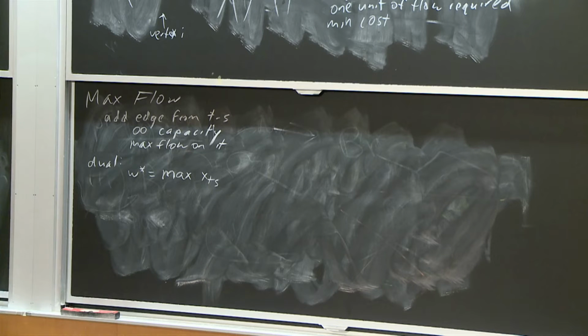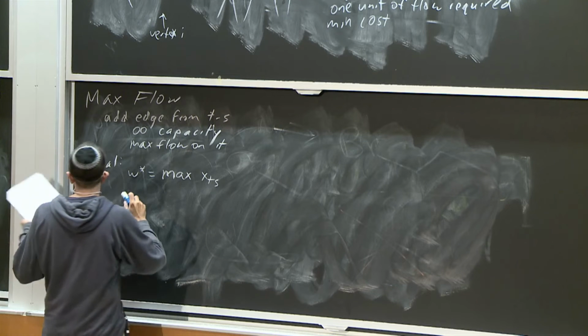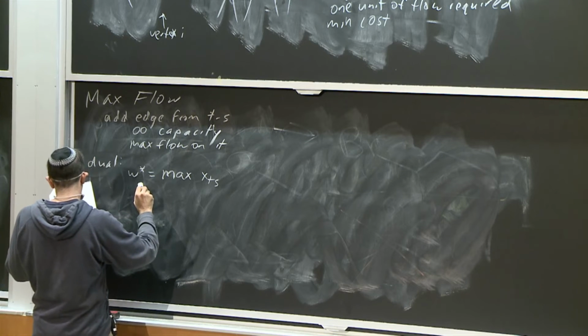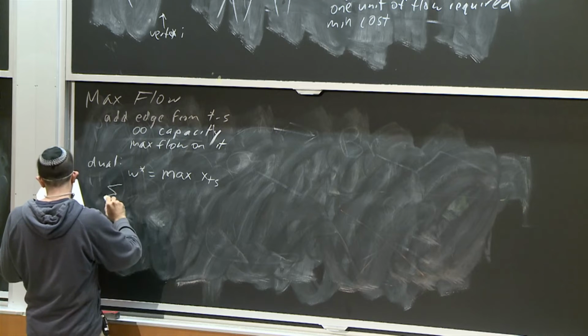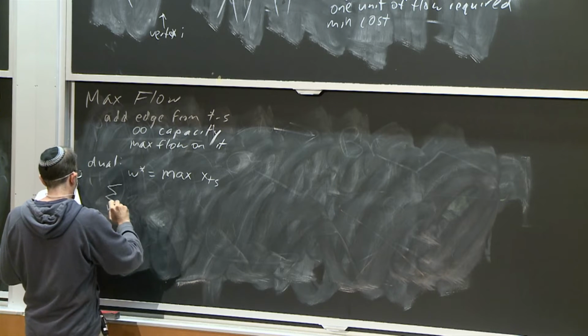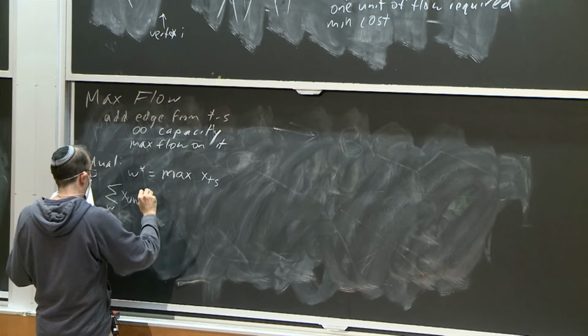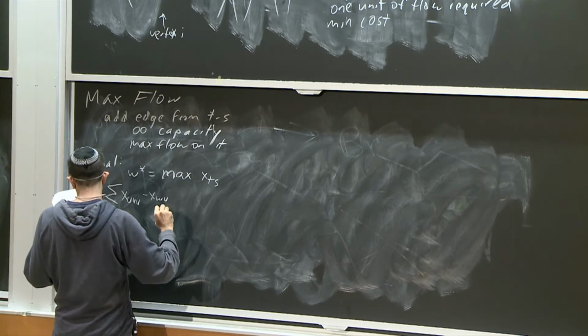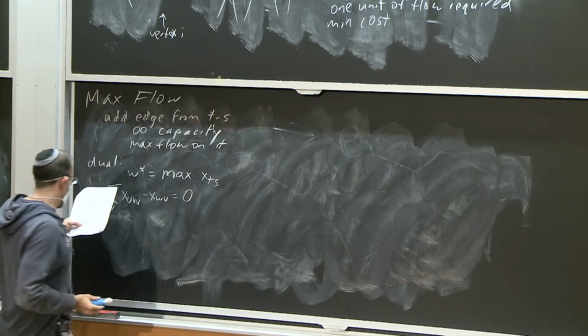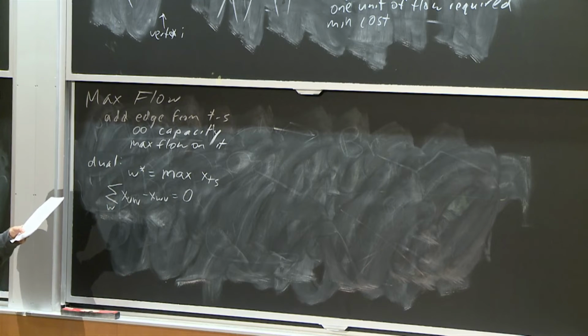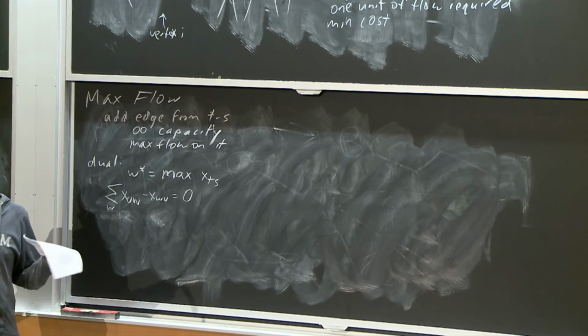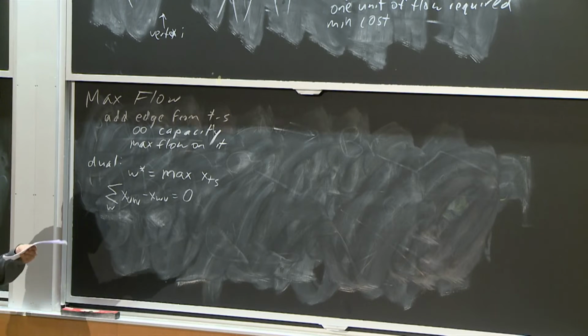With what constraints? Well, we've already seen them in our previous dual example. We want the sum over all other vertices W of xVW minus xWV to be equal to 0, right? This is everywhere because it's a circulation.